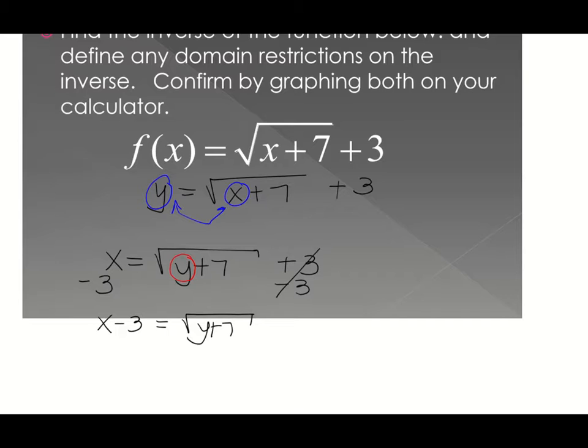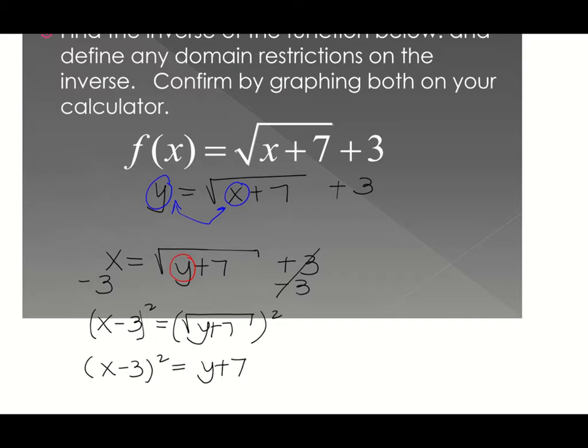Now we have to get rid of our square root, and we know that the inverse of a square root is to square both sides. So I'm going to square both sides. When I do that, I have x minus 3 squared equals y plus 7.